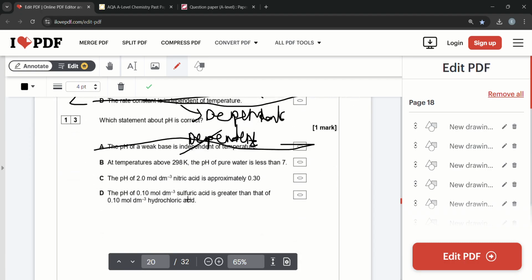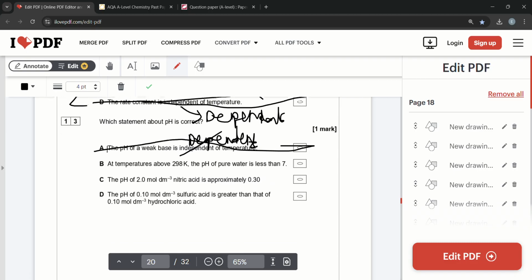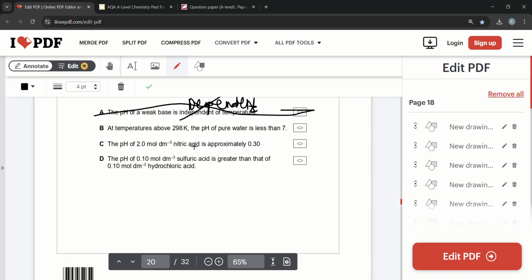At temperatures above 298 Kelvin, pH of pure water is less than 7. The reason I say this is a really hard one is because you need to think deeply for this question. Pure water, so Kw. Well, Kw is equal to H+ times OH-, right?